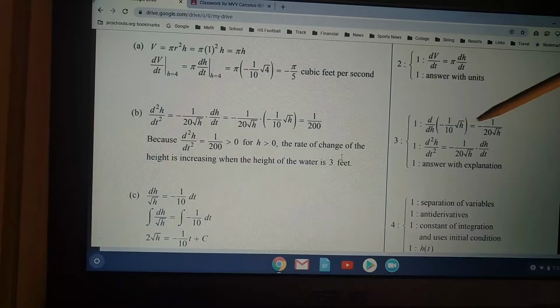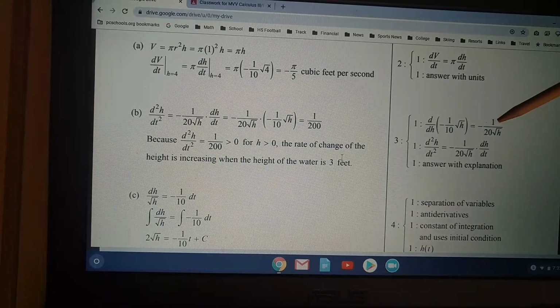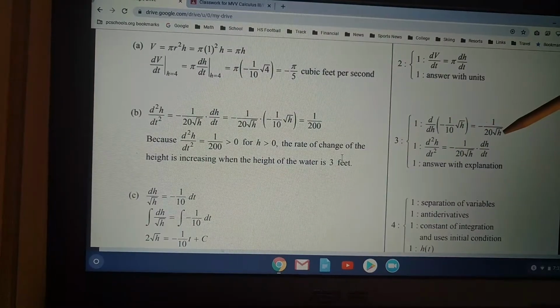And then when you took the derivative of that, you would get negative 1 over 20 radical h. If you took the correct derivative with respect to h and got this, that got you 1 point.